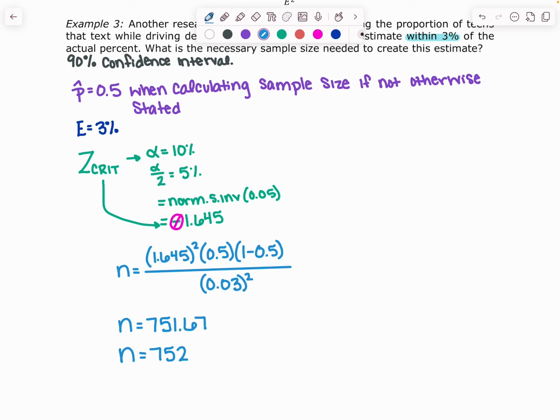And we're talking about teenagers, so we have to sample a whole teenager. We always want to round up on these because we want to have a bigger sample size as opposed to a smaller sample size. Bigger is better in terms of sample size. So even if this was 751.2, I would round up, not down.